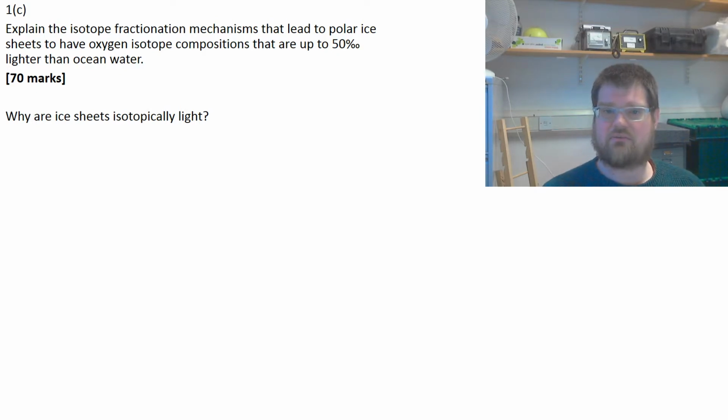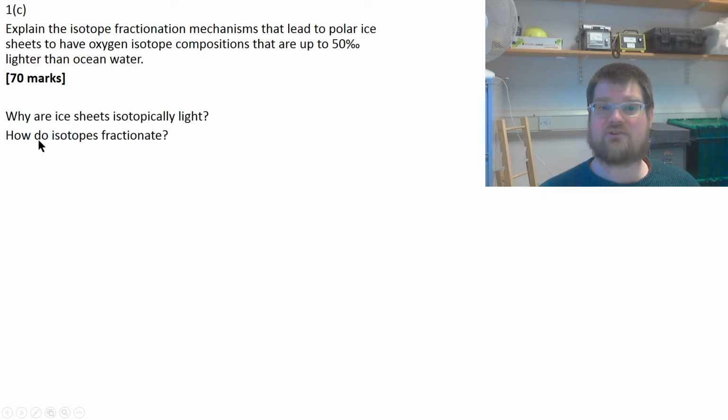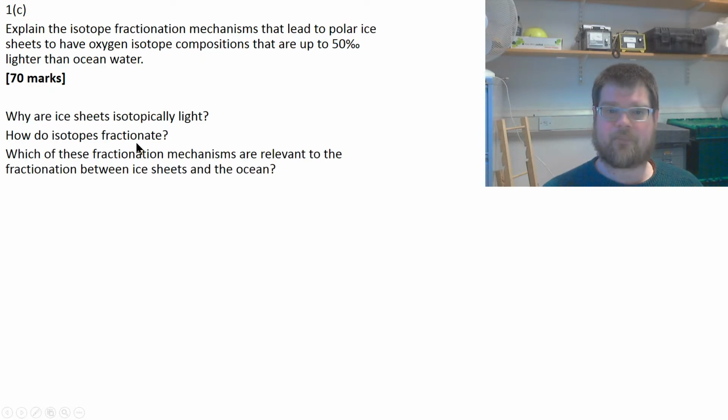Okay, that's okay. Another thing we can say is, well, there's going to be some isotope fractionation associated with this reason why ice sheets are isotopically light. So this question could also include in the answer, how do those isotopes fractionate? We're looking for the fractionation mechanisms in the question. So you could say, why are ice sheets isotopically light? How do isotopes fractionate?